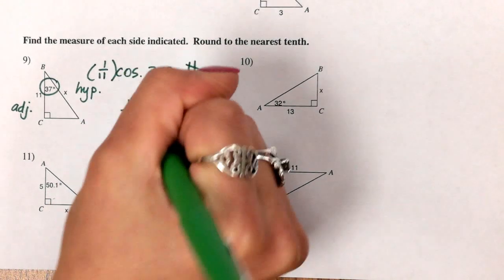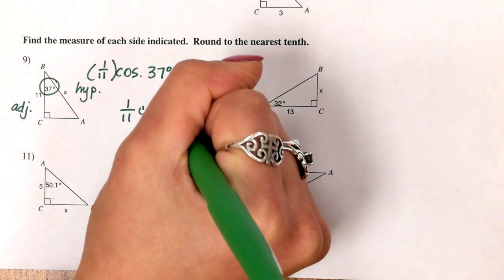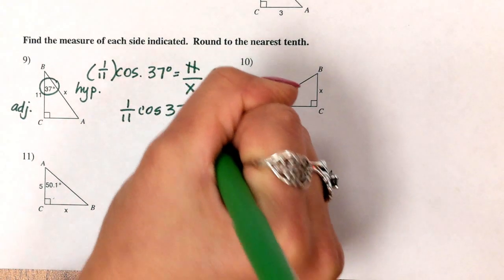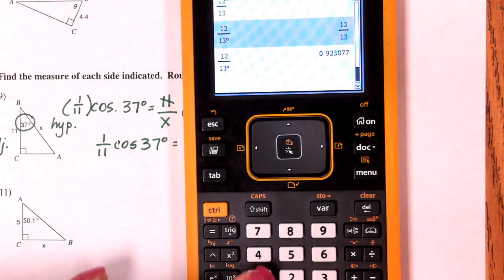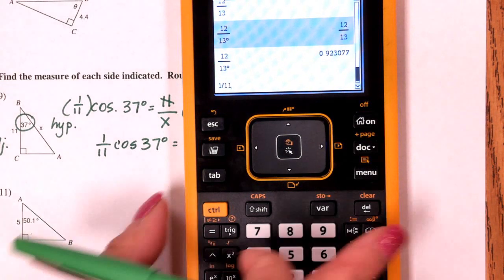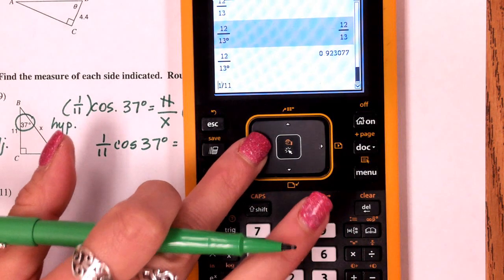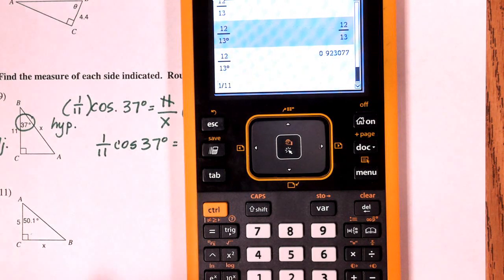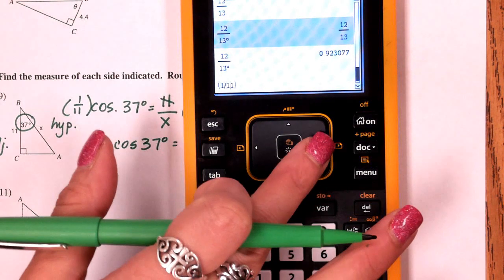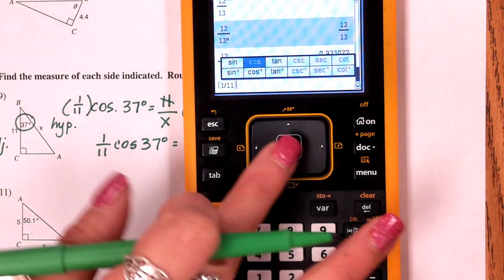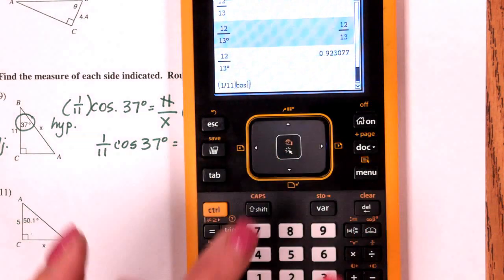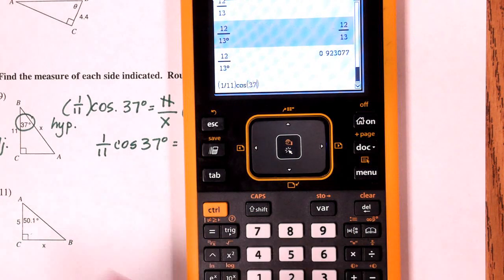So in my calculator, this is what I should be typing in: 1 over 11, let's put some parentheses around that, and then cosine of 37.